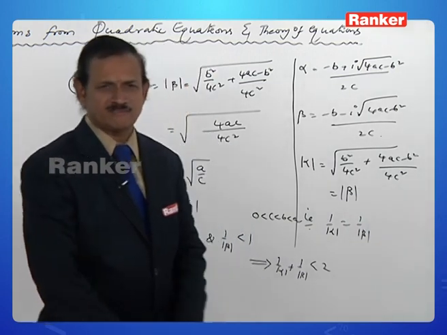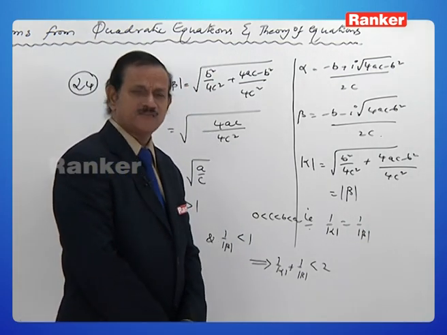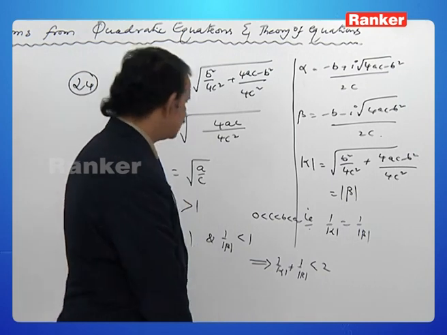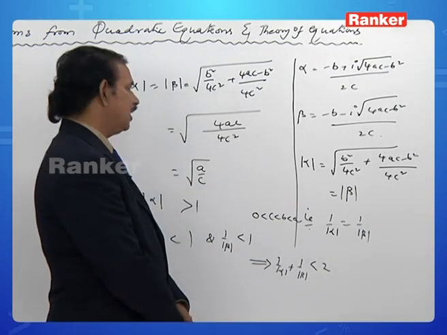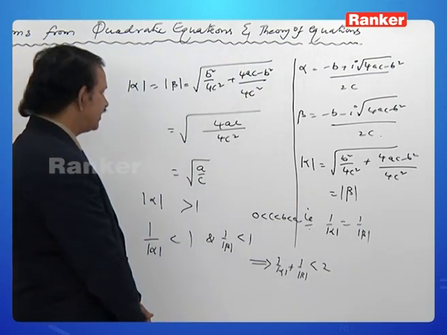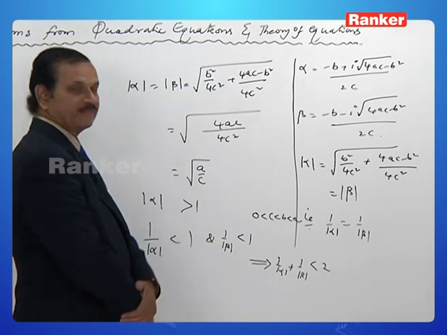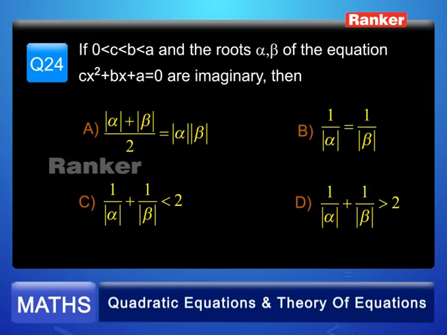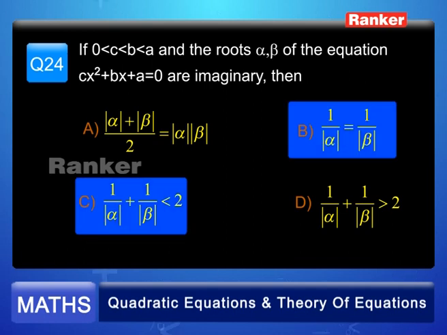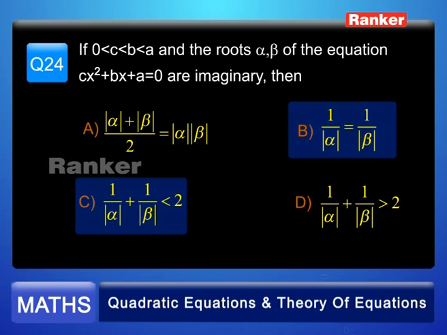And from the knowledge of complex numbers, we know that mod z is equal to mod z bar. Hence, mod alpha is equal to mod beta, and if you find it in a detailed way, it is greater than 1. Hence, 1/|alpha| + 1/|beta| is less than 2. Both option B and option C are correct for this question.